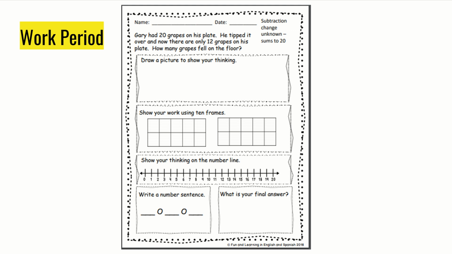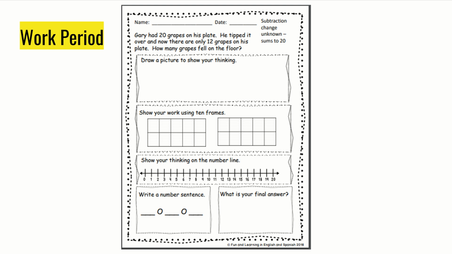Okay, here's our next problem to give a try. It says, Gary has 20 grapes on his plate. He tipped it over, and now there are only 12 grapes on his plate. And I want to know how many of his grapes fell on the floor.